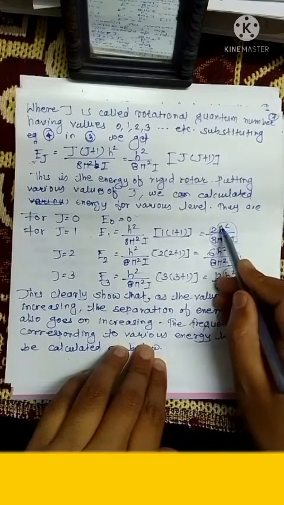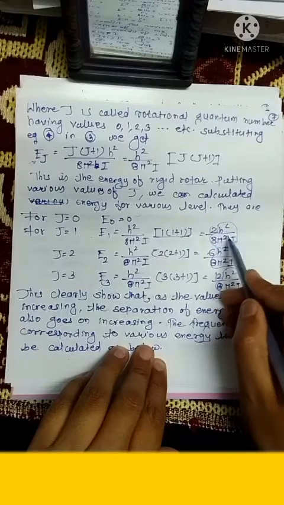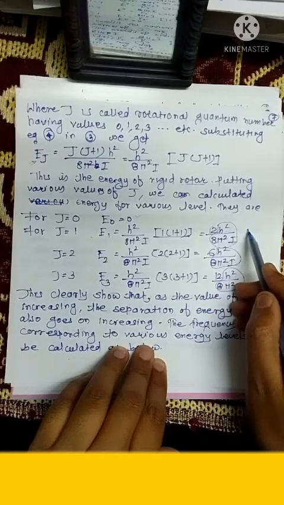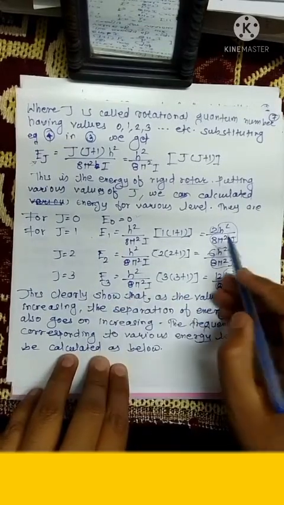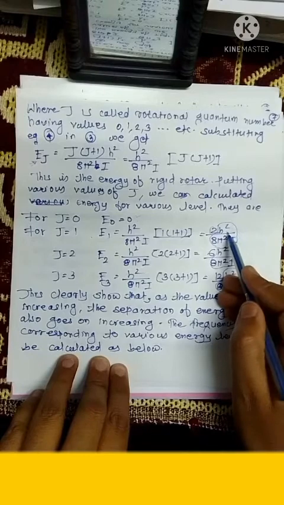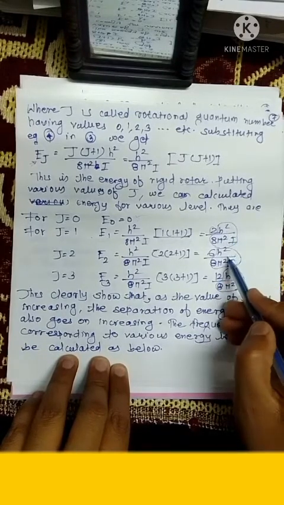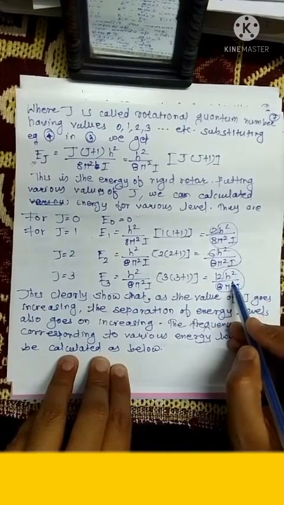So if this quantity, h square by 8 pi square I, is constant, we just see what is going to happen. 2 multiplied by this constant value, 6 multiplied by the same constant value, 12 multiplied by the same constant value.